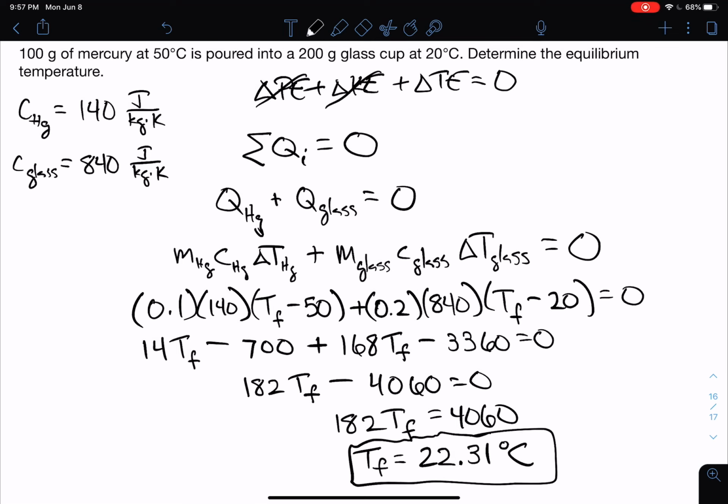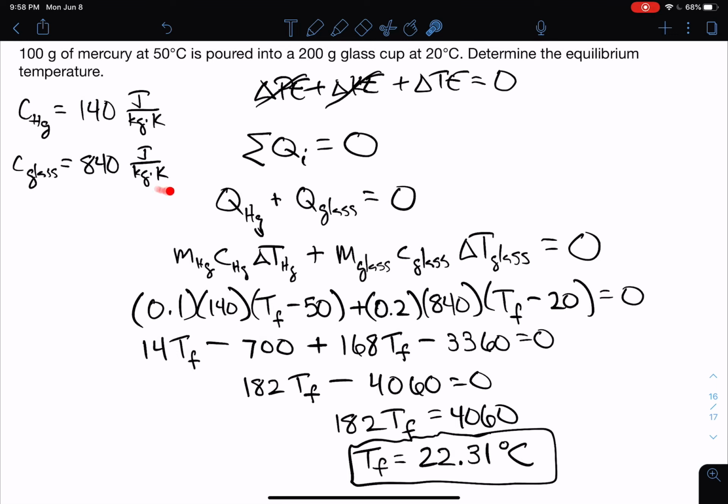So that's my answer. Now I want to point out one thing here. The specific heat of glass is given in terms of Kelvin. But this could easily be degrees Celsius because we're multiplying it by temperature change. And remember, a temperature change of 1 degree Celsius is the same as a temperature change of 1 Kelvin.